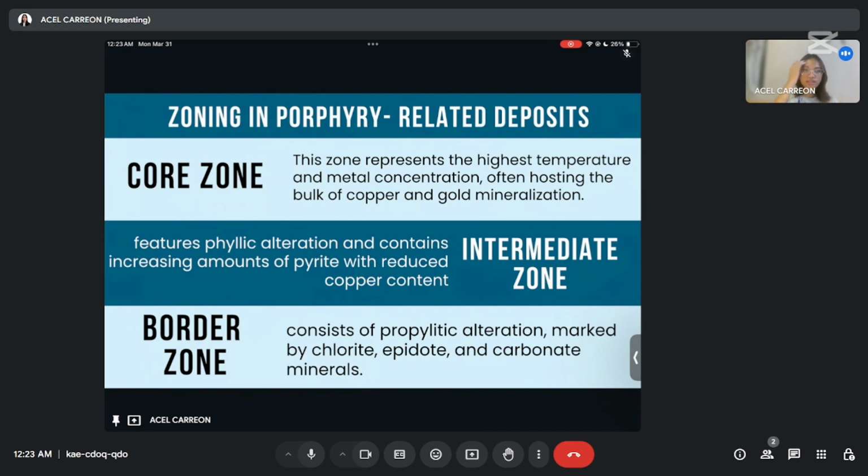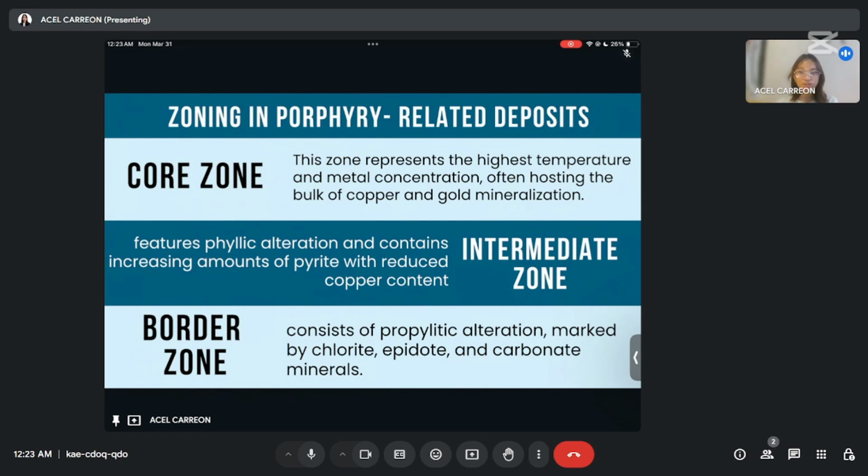The next zone is the intermediate zone that features phyllic alteration and contains increasing amounts of pyrite and reduced copper contents. This alteration results from hydrothermal fluids replacing the potassic core, indicating cooling and increased fluid interaction.